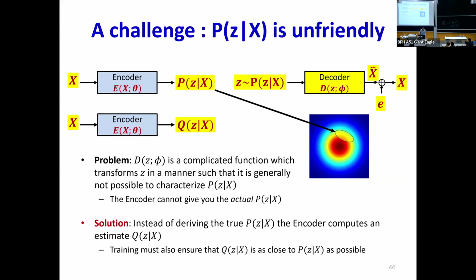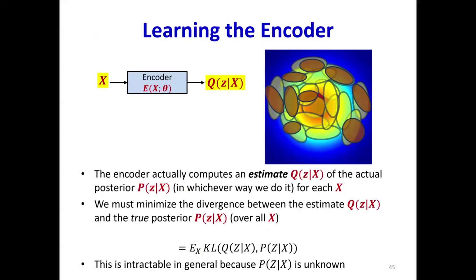That makes sense to everybody? The distinction between the q and the p. P is hard to characterize. We cannot really learn, in most cases, we can't really even know what it looks like. There's no formula for it. And so we're going to instead come up with an approximation q, which is as close to P of z given x as possible.